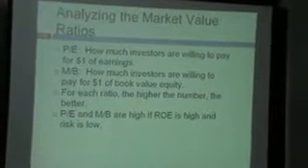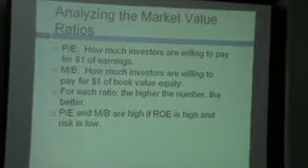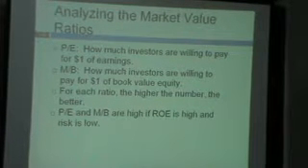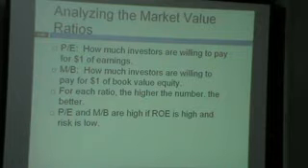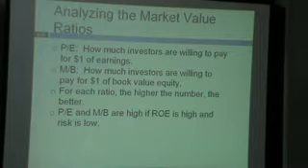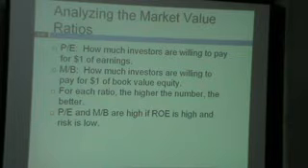In your case, if it is higher, obviously you can conclude that the company has higher market value. Price earning and market to book are high if return on equity is high and risk is low. So these two ratios indicate the situation of the company as far as market value is concerned, what the market's and people's opinion about the company is.